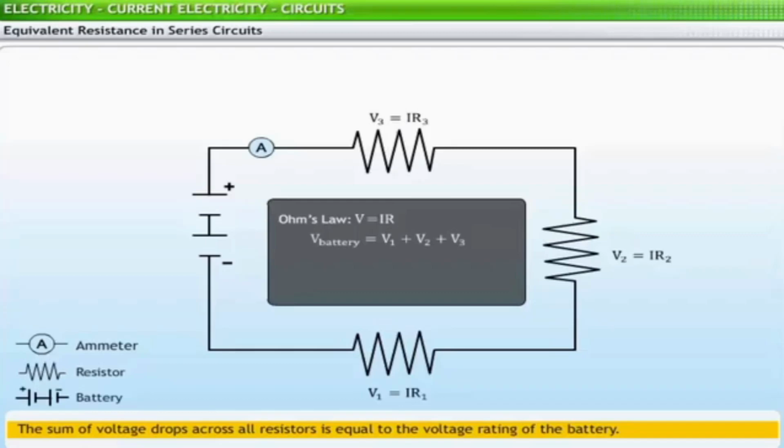Substituting the values of individual voltage drops in this expression, you get IR equals IR1 plus IR2 plus IR3. By solving this expression, you get the equivalent resistance of cells in series circuits, R, as the sum of resistances of each resistor in the circuit. Hence, R equals R1 plus R2 plus R3.